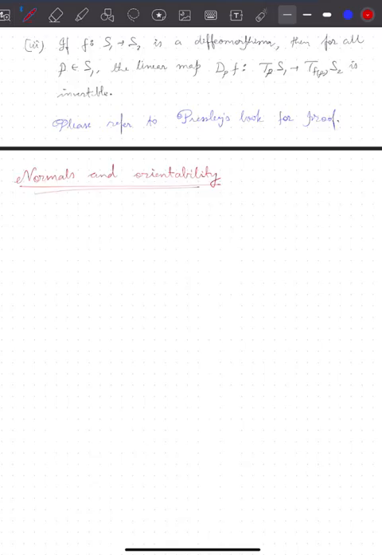Right. So in this, we know that the tangent plane T_P S of a surface S at a point vector P that is an element of S passes through the origin, right?